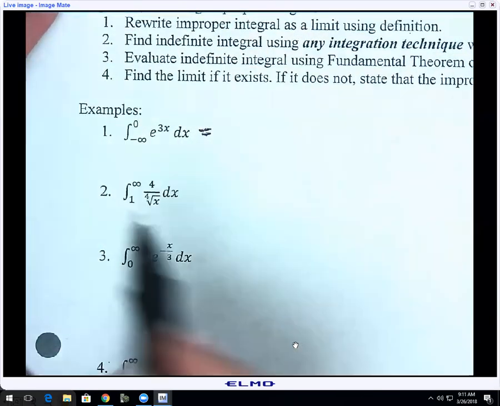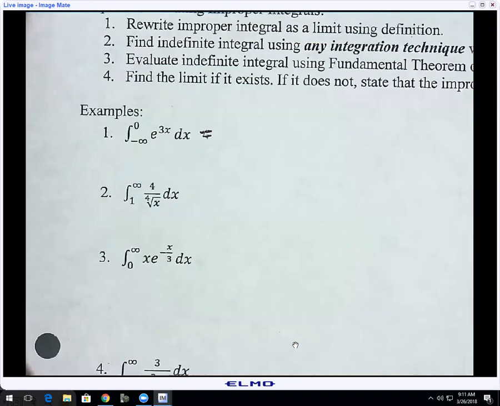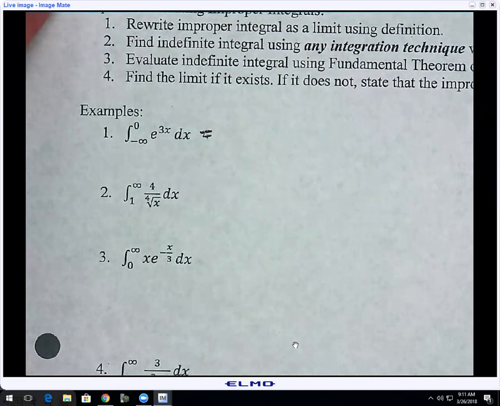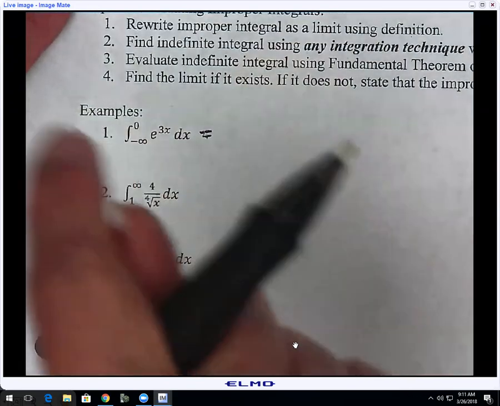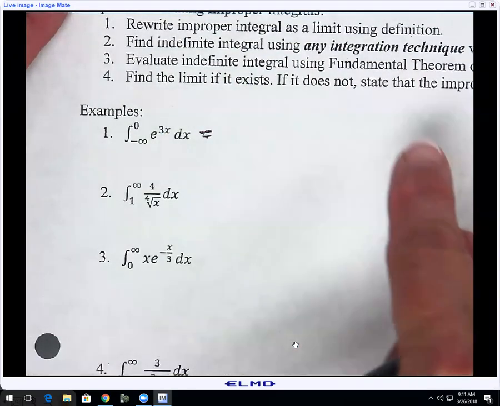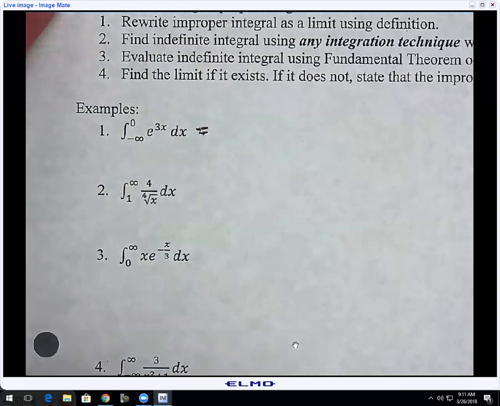Number 1's an improper integral because the lower limit's negative infinity. When the lower limit's negative infinity, I can't just plug negative infinity into a by the fundamental theorem of calculus.